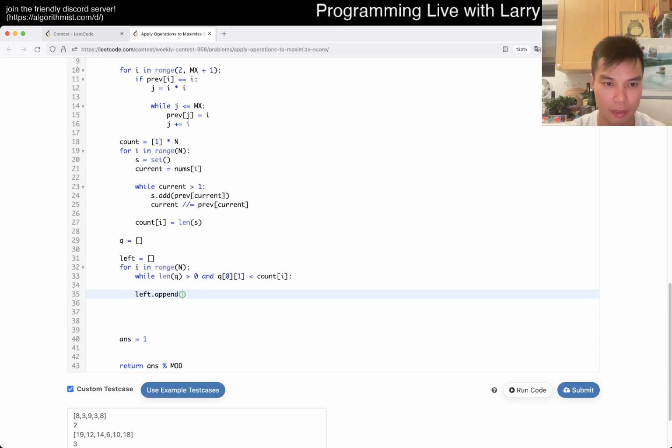It's either that or -1, so okay. So basically q of, oh no, not q of 0, the last number. I will q, but I think it's a stack.